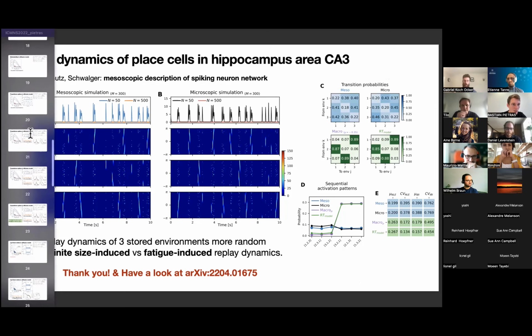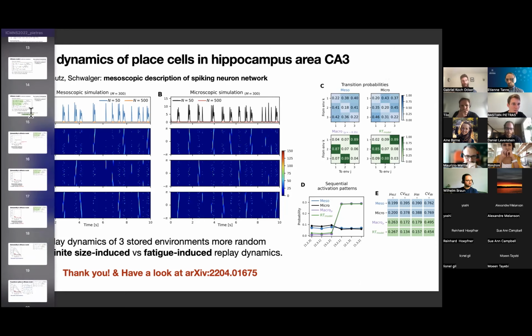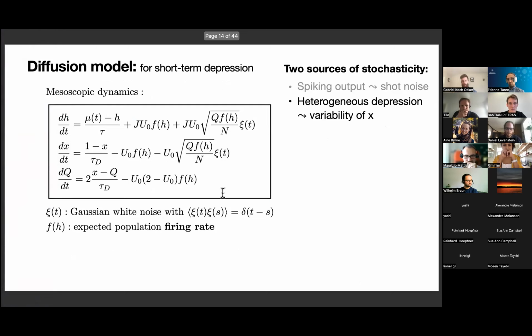Or you could also think about other intrinsic sources of noise or variability, like stochastic vesicle release, the microscopic model that underlies this short-term depression. Do you have any thoughts on comparing those different potential sources of fluctuations on the statistics of these reactivations?